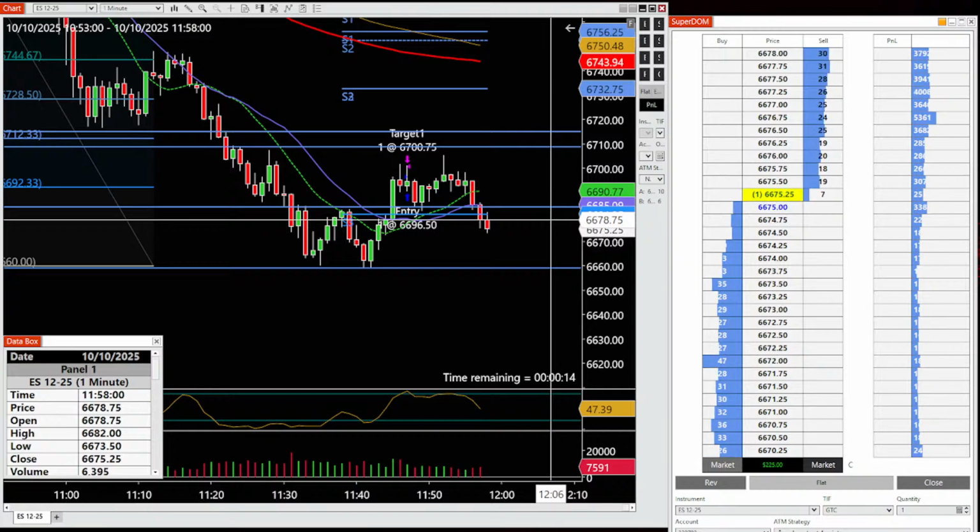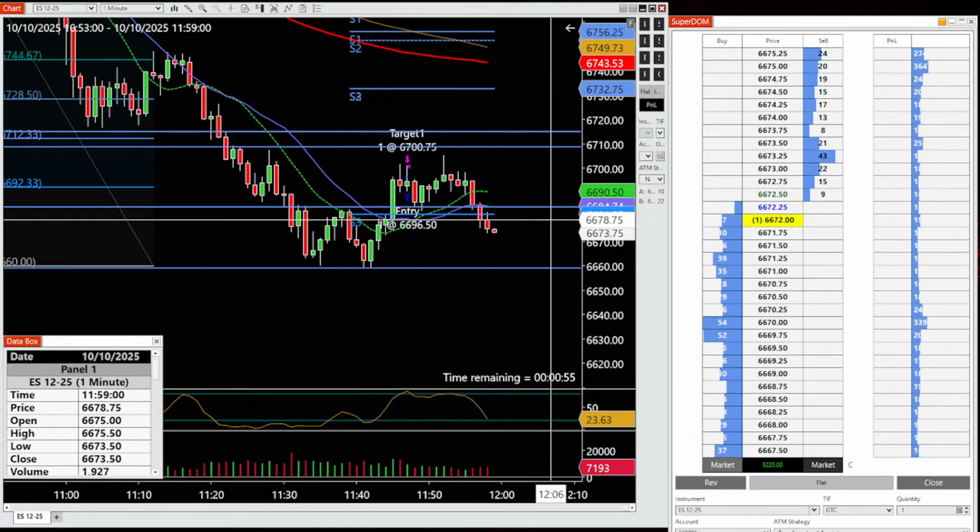It's 3 points. Could pop back 3 points. All depends if the sellers are out. Doesn't look like they are. Looks like they're still here somewhere.